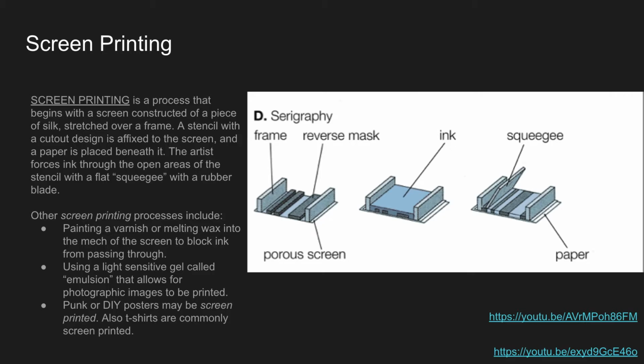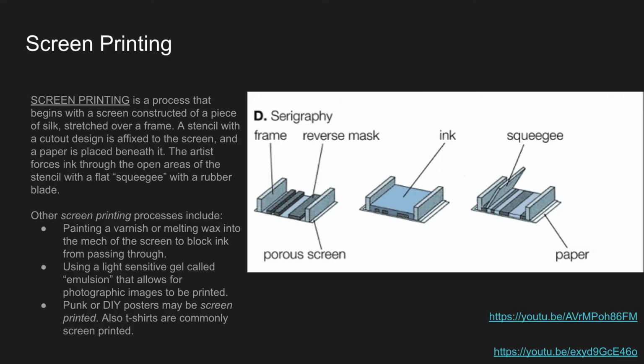All the others, you're laying the paper on top of the, say, the matrix, like the wood or the stone or the metal, and you're running it through the press, and you're getting a reverse image. This is different. You can think of screen printing more as a stencil, and we'll get into that here.